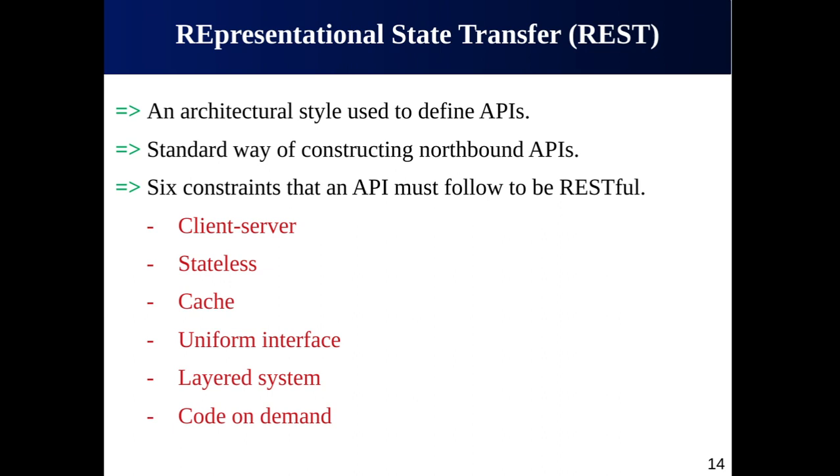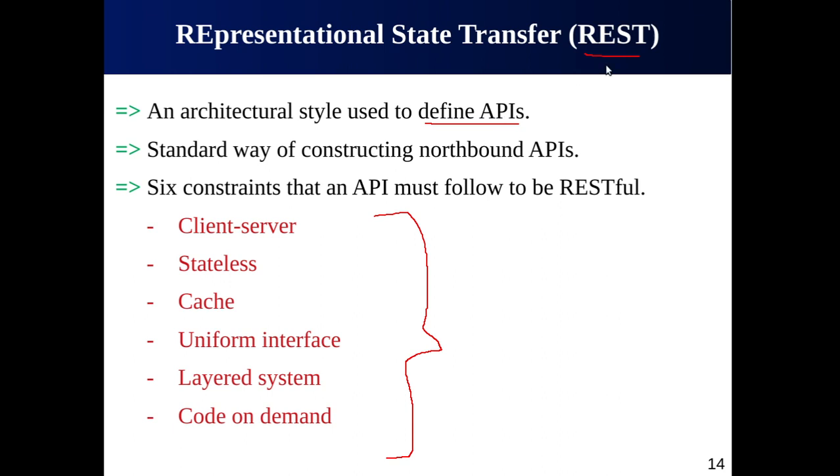Or you can say that any API for the northbound of the SDN architecture has to follow these restrictions. The REST architectural style is actually used to define other APIs, and this is now becoming a standard way of constructing northbound APIs for the SDN controller.